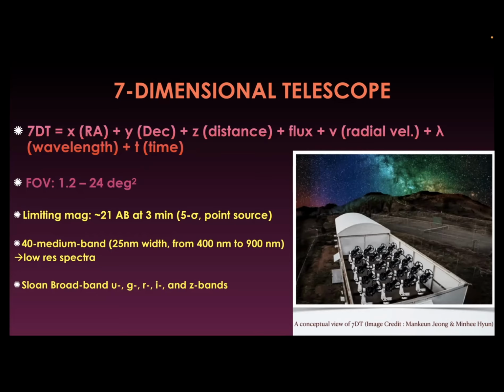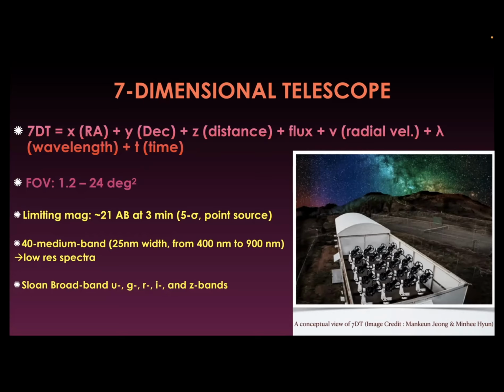The field of view of one of these telescopes is 1.2 degree power 2. But if these telescopes observe different parts of the sky, they can cover about 24 degree power 2 of the sky.